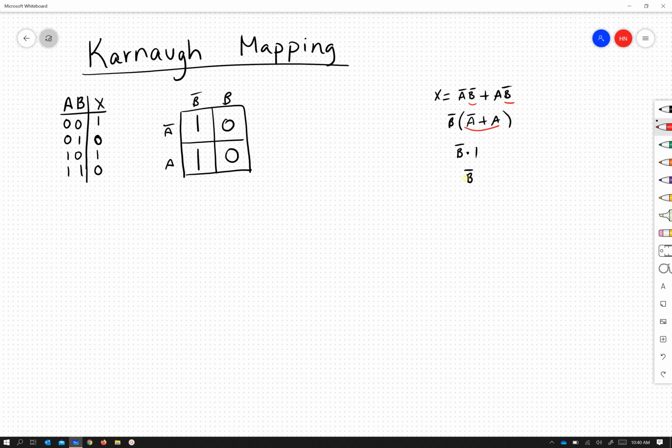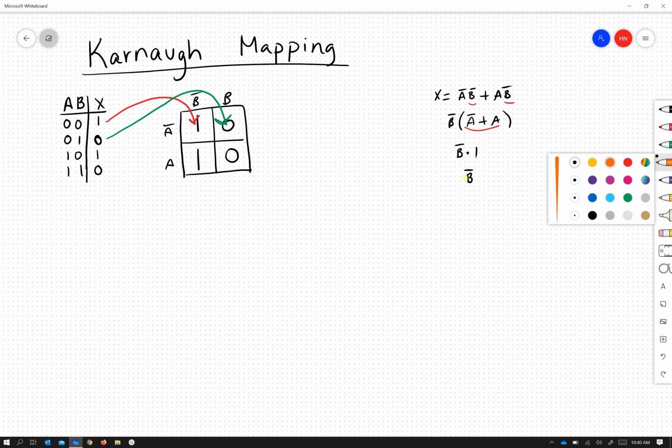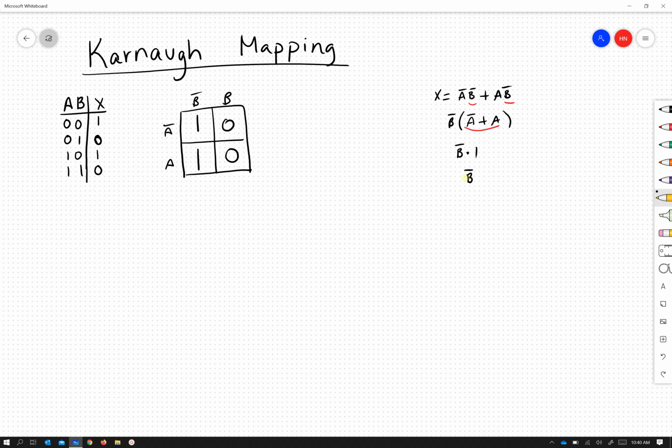If you follow the pattern where we have the zeros first and then the ones, with the first letters on the left and on the right, this one goes to that location, this one in this location, the next one there. Oh, I don't know why that one's thicker. Well, anyway, the next one goes to this location and the last one goes to that location. That's for a 2 variable K-map with 2 letters.